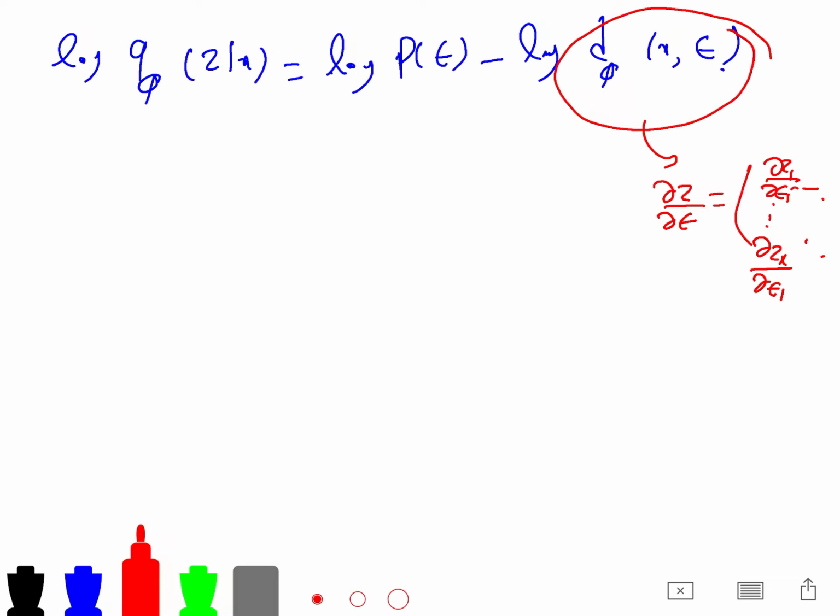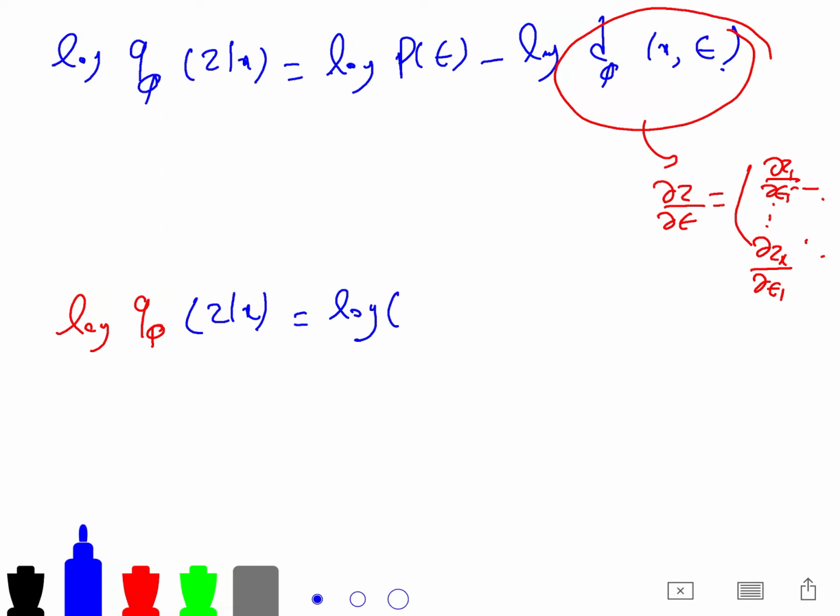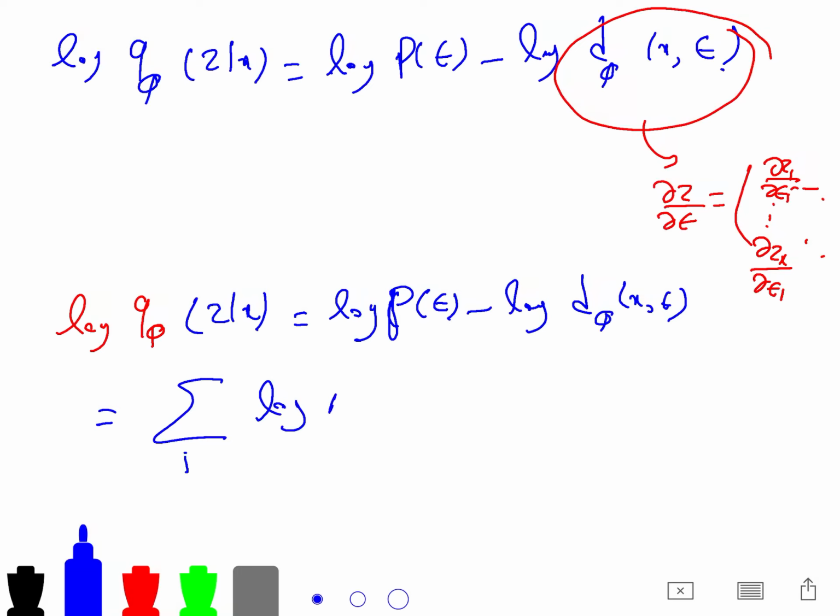So the posterior density, log q phi of z given x, is equal to log p of epsilon minus log of the determinant of d phi of x and epsilon. And this is the sum of log N of epsilon i given 0 and 1 minus log sigma i.